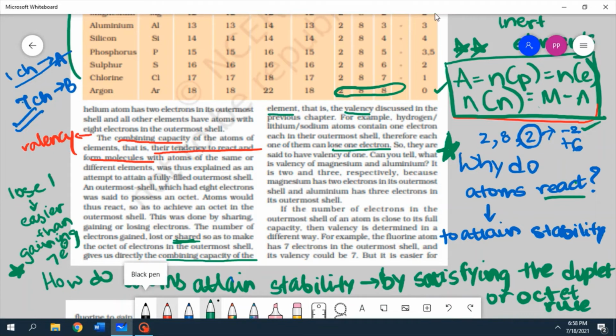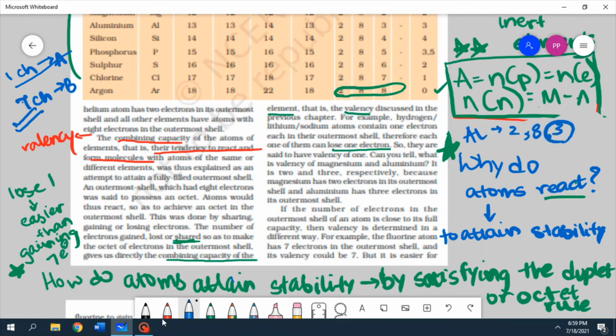Similarly, let me clear this part of it. For aluminium, the electronic configuration is 2, 8, 3. So the outermost shell has 3 electrons. So it has to satisfy the octet rule, so it has to have 8 in its outermost shell. Doesn't matter whether it's in the third shell or the second shell.